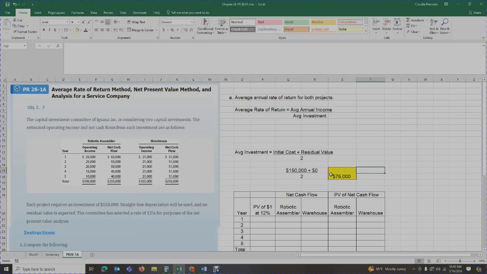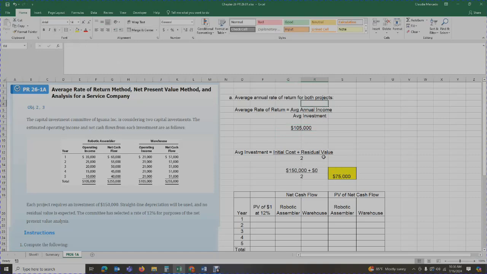Now I'm going to use this number and plug it into the formula to calculate the average rate of return. For the average rate of return, we're going to have our average annual income. So my average annual income, if we look at the problem, is $105,000 for both projects. $105,000 is your income for each project. And I'm going to divide that number by my average investment.